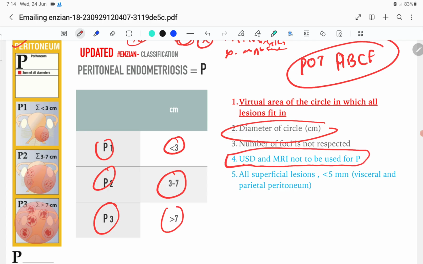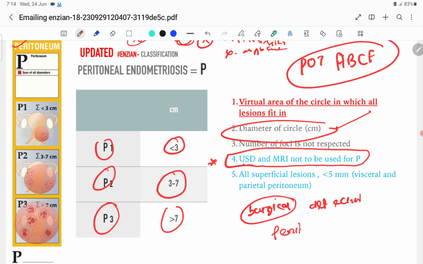Peritoneal disease is not detected in ultrasound or MRI, so you have to do surgical staging, surgical endometriosis staging, for detection of peritoneal disease. So the first thing you have to remember: for the peritoneum, the virtual area is the circle in which all the lesions fit, and that is the diameter of the circle; the number of foci is not respected.